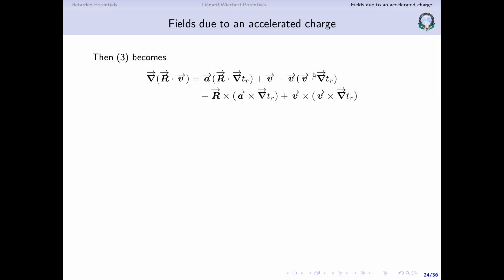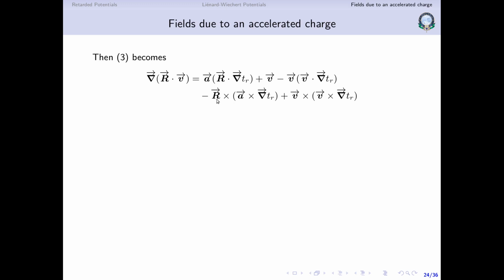You can see here all the terms, except one where we have this V here, they have gradient of TR. So now before we go further, we can observe these 2 terms. So you see this is a triple product, right? This is a vector triple product.